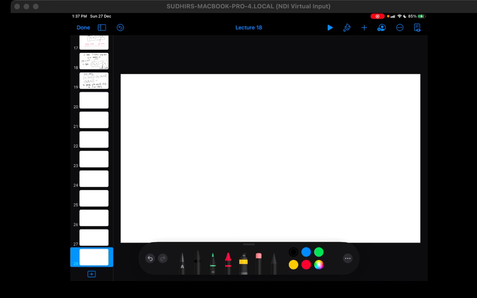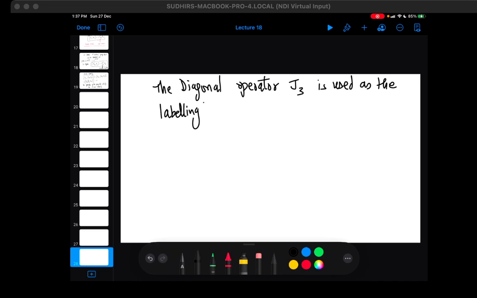The diagonal operator J3 is used as the labeling operator, whereas J1, J2 are used as the raising and lowering operators.